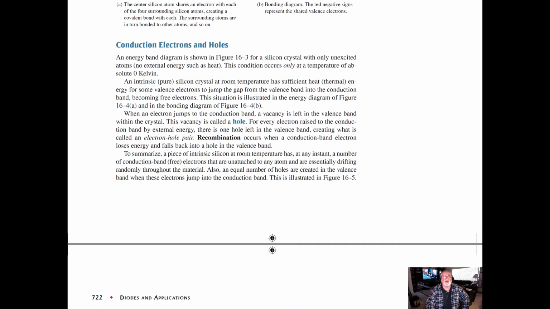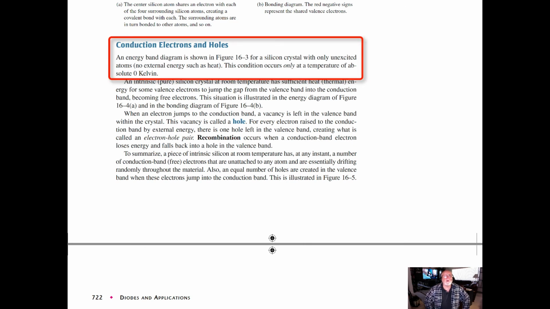So looking at conduction, electrons and holes, an energy band diagram will show a silicon crystal with no external energy, such as heat, being introduced to get the activity. In this case, they say that the condition occurs only at a temperature of absolute zero, and this is in Kelvin.